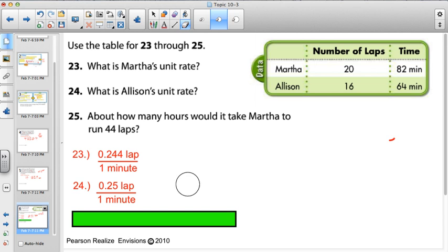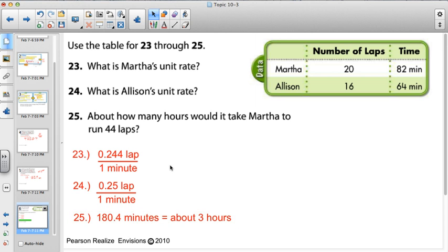Alright, so anyways, let's take a look at our last problem. Our last problem asks us about how many hours it would take Martha to run 44 laps. Well, the answer to this one is it would take her about 180.4 minutes, or 180 minutes, which would equal about 3 hours. And you would solve this by setting up a proportion once again.